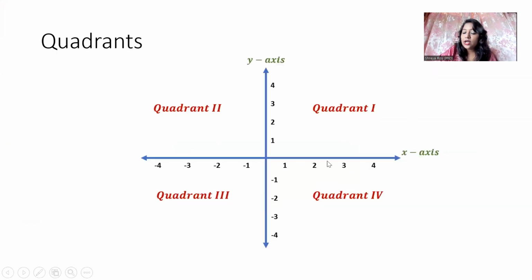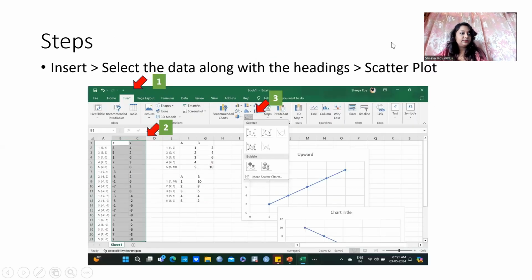In quadrant 1, X is positive, Y is positive. Quadrant 2, X is negative, Y is positive. Quadrant 3, X is negative, Y is negative. Quadrant 4, X is positive, but Y is negative. Scatter plot is more helpful when you know the quadrants.